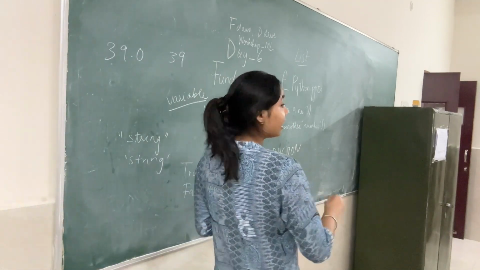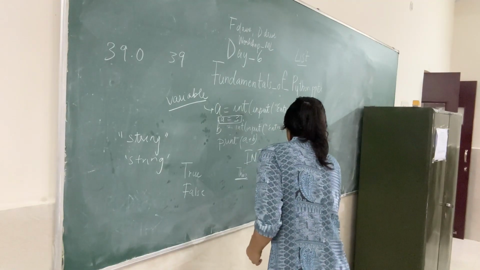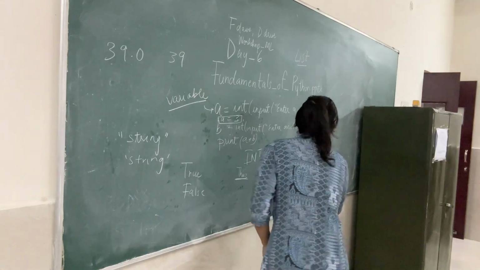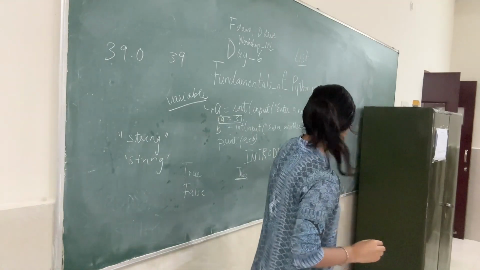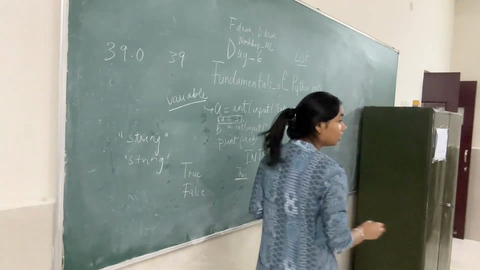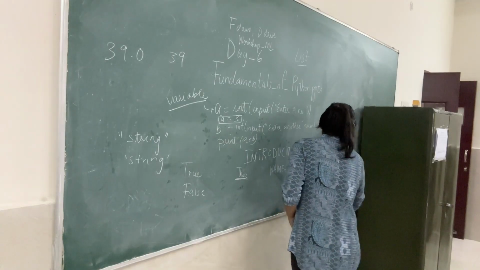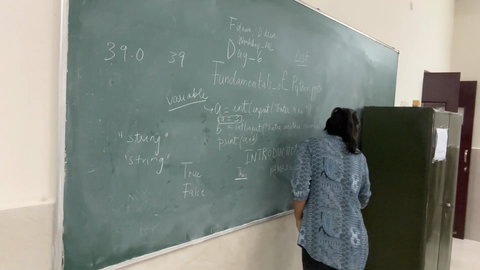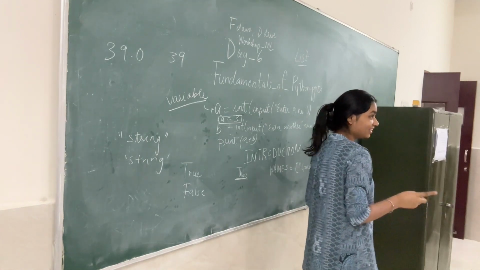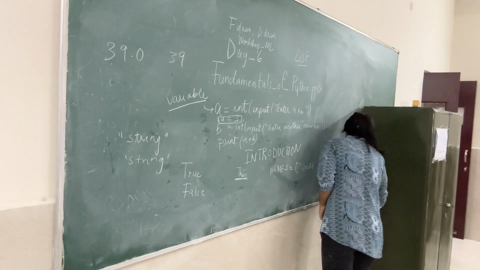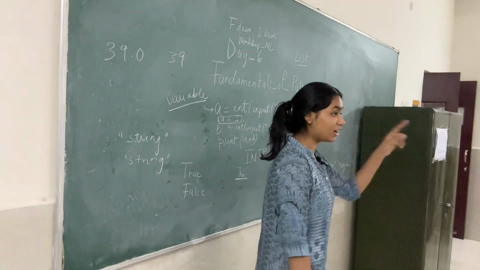For example, if I want to create a list of all the people who are present today, my list will be names equal to square bracket. Inside the square brackets, I will write the names. If I'm writing strings, obviously I have to use quotation marks. For example, Gurdit, then Shantanu, then Pratyaksh, and I know Mehak.